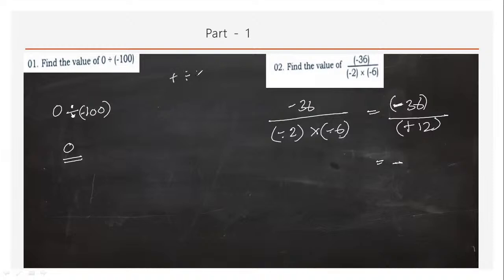Plus divided by plus is plus. Minus divided by minus is also plus. Minus divided by plus is minus. Plus divided by minus is also minus. So when the same signs are divided, you get a positive value. When different signs are divided, you get a negative value. Then minus 36 divided by 12 is minus 3. The answer is minus 3.